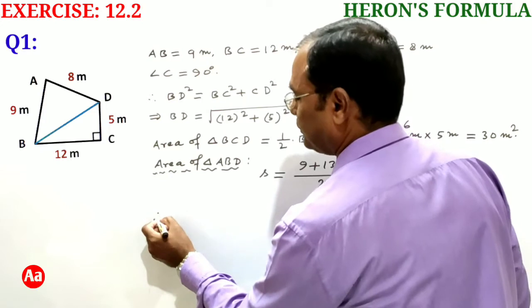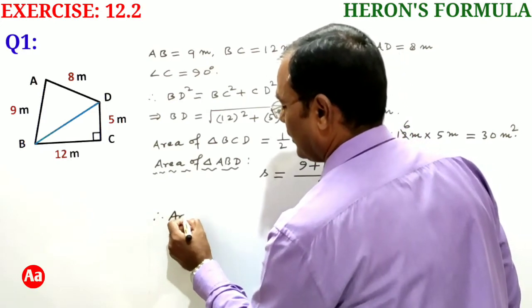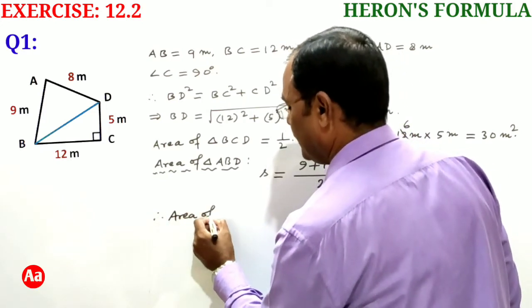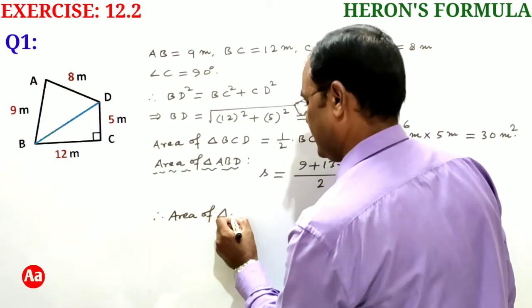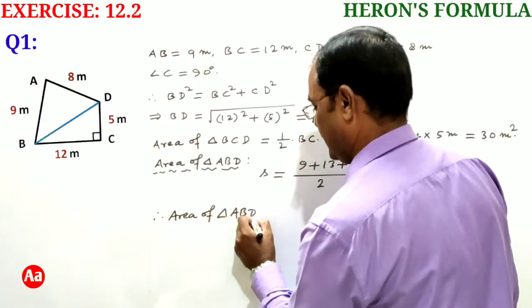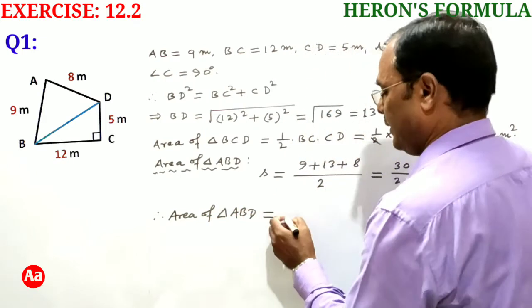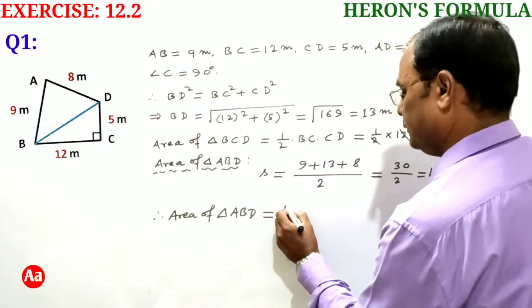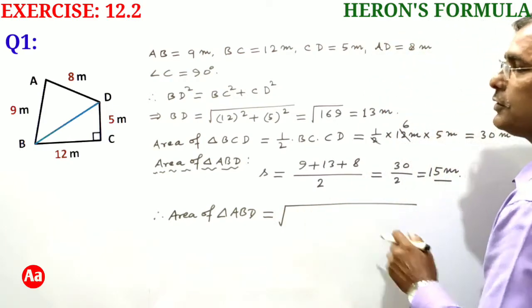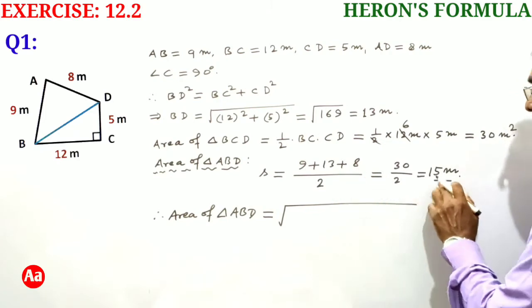Therefore area of triangle ABD is equal to under root, Heron's formula. Let's apply directly here.